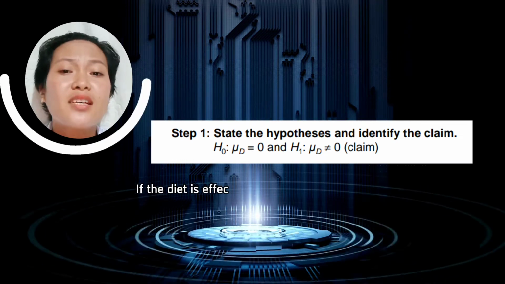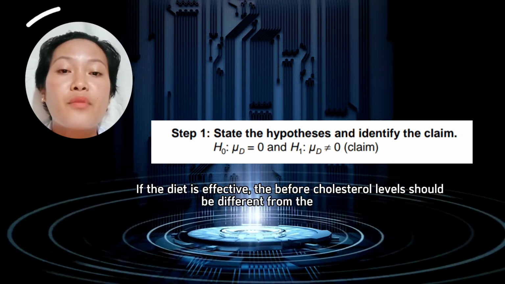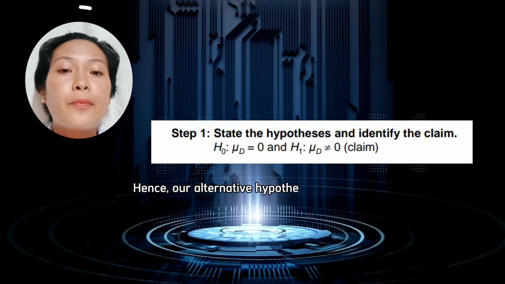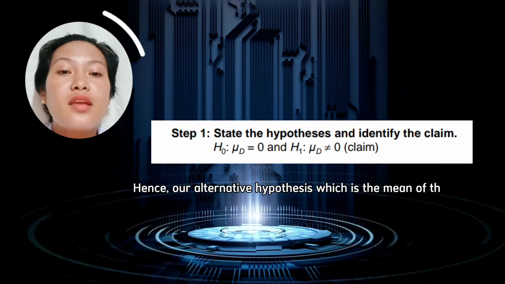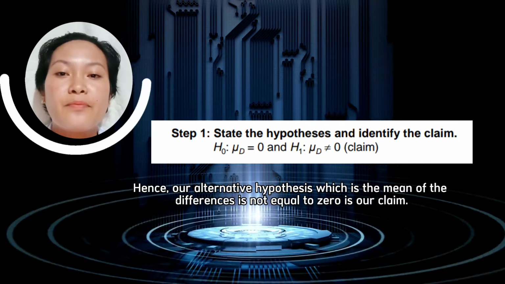If the diet is effective, the before cholesterol levels should be different from the after levels. Hence, our alternative hypothesis, the mean of the differences is not equal to 0, is our claim.